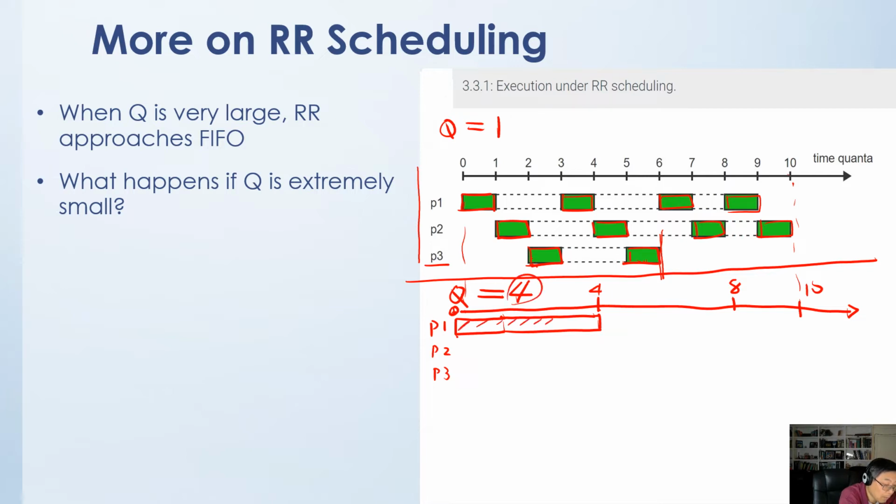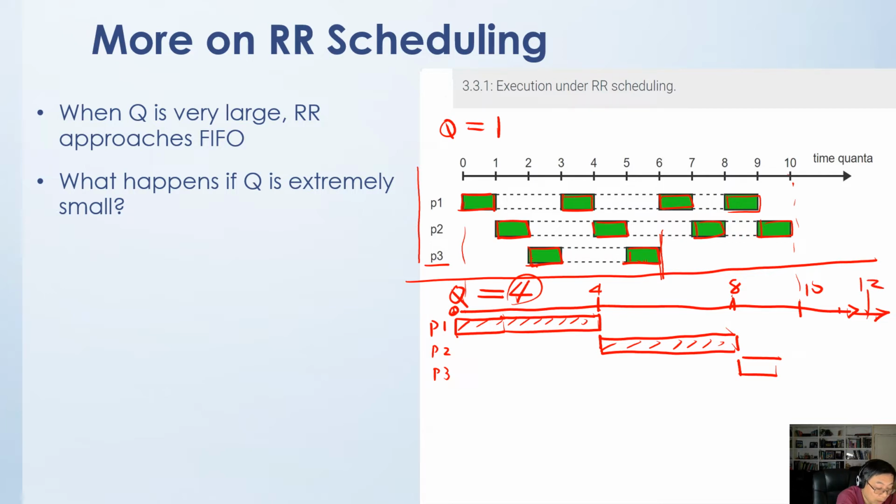And then P2 starts to run, and it takes 4 time units. And then P3 starts to run, and in theory, P3 can run for 1 time quantum, which means P3 can run from 8 all the way to 12, right?